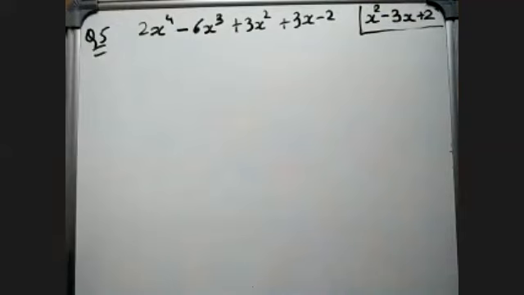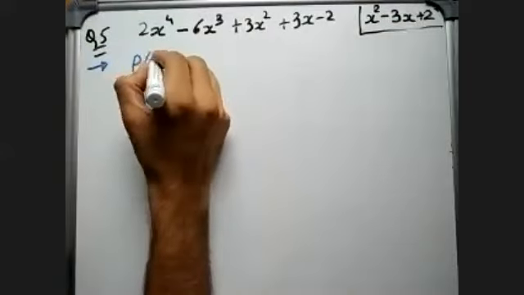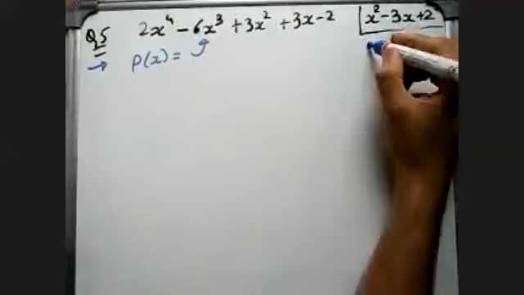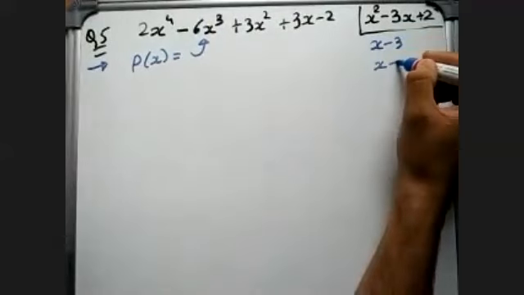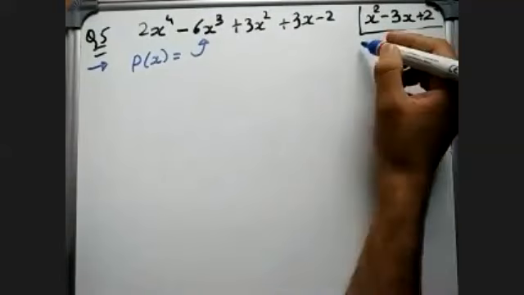So how we are going to prove this? See, we have to prove this without actual division. Okay, so understand this. In this type of question, suppose this is my p of x. Now if I have to prove that it is divisible by x minus 3, x minus 4, then I could easily take x minus 3 equal to 0, x minus 4 equal to 0.